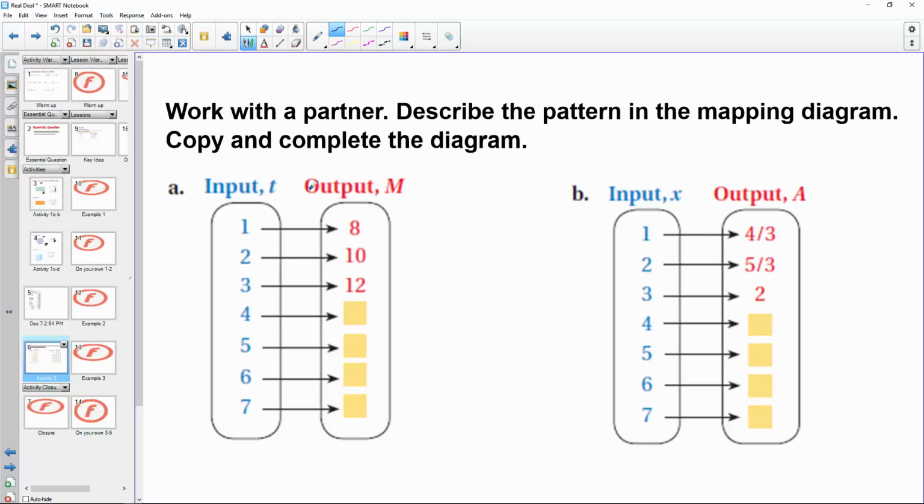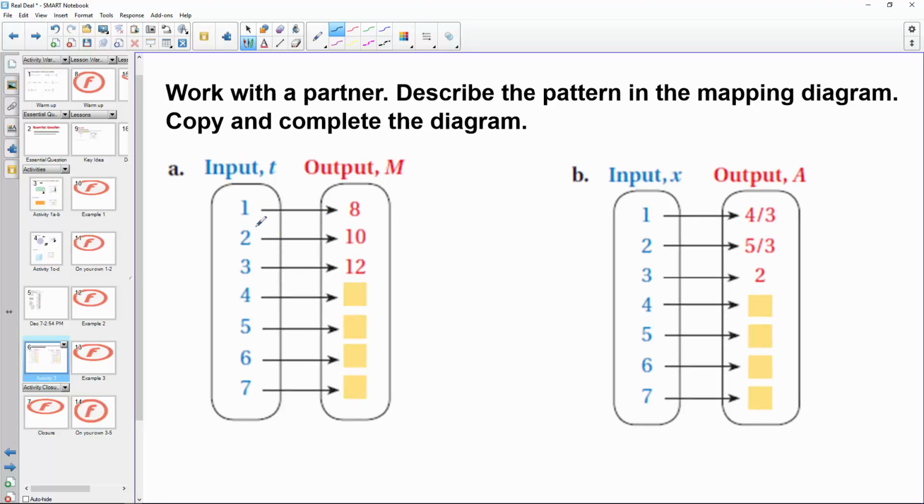For this one here, I have my input and then my output. We have to try to figure out what's going on here. So 1 times something equals 8, but then 2 times something will equal 10, and so on. So if I keep on going here and I think about what I have to put in, like maybe it's going up by 2 every time, right? And so if I go to 0, I would have a 6.